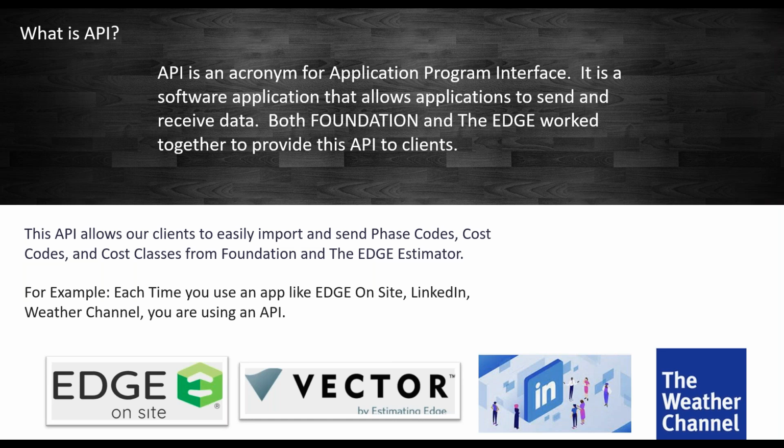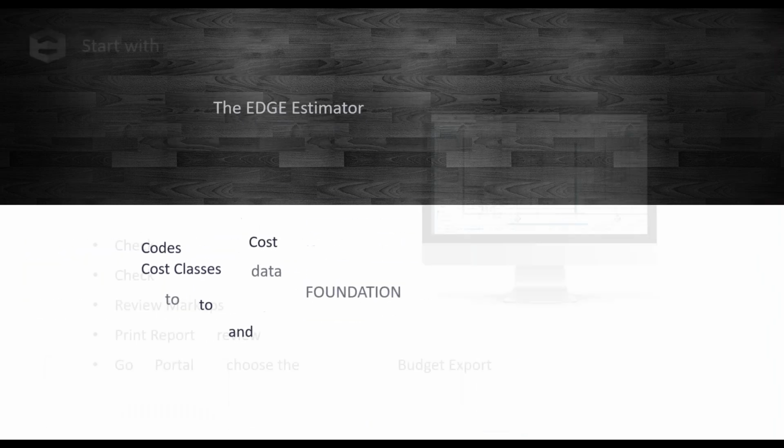All of those use API. In the Edge, this API allows our clients to easily import and send phase codes and cost classes between Foundation and Edge Estimator, also with Takeoff HQ. That's exciting, and this keeps this process very simple.